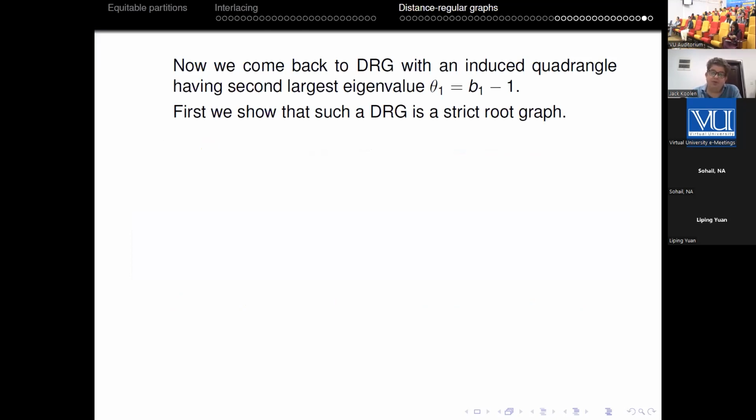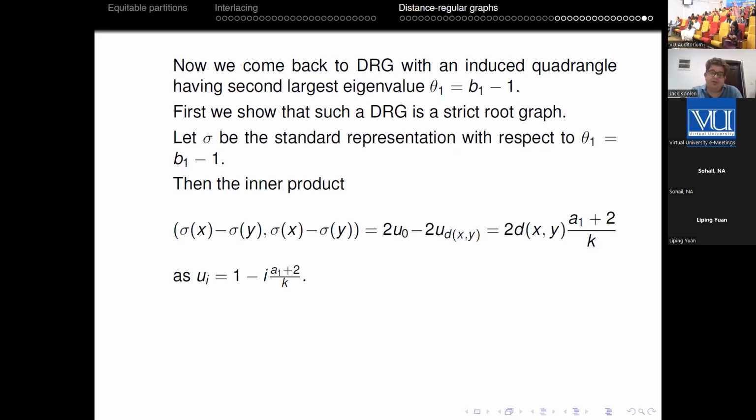Now we come back to this graph with an induced quadrangle having second largest eigenvalue theta1 equal to b1 minus 1. So we first show that such a distance-regular graph must be a strict root graph. And this is almost trivial. You look at this, so you see that this is 2 times the distance between x and y times a1 plus 2 over k.